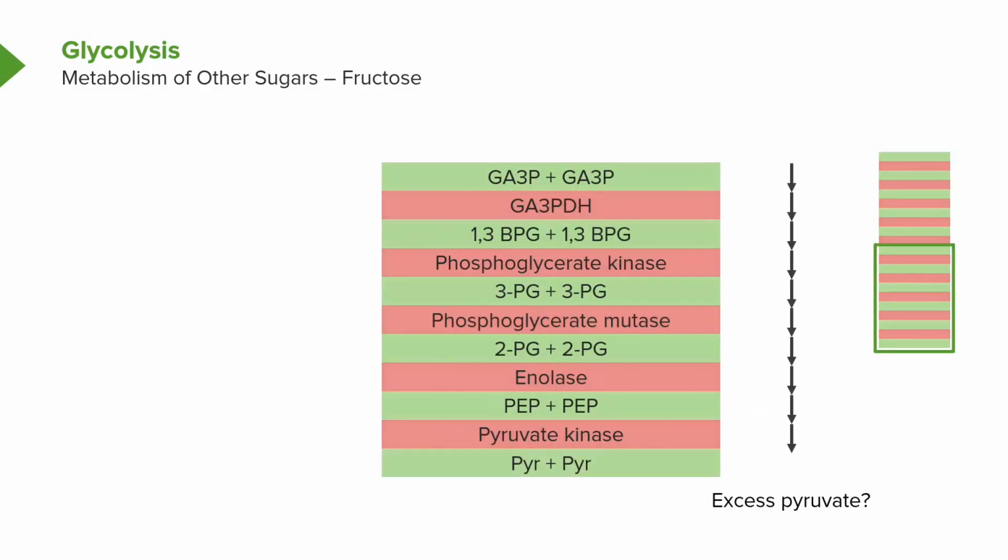We get to the last half of glycolysis, and things are coming down the pike that wouldn't normally come down the pike. The cell would normally shut it off. But now this sugar metabolism is force-feeding glycolysis so that what could happen, again, this is my idea, this isn't anybody's proof, is we produce excess pyruvate. Why is excess pyruvate a problem?